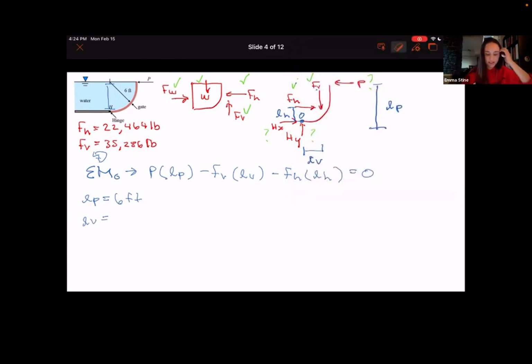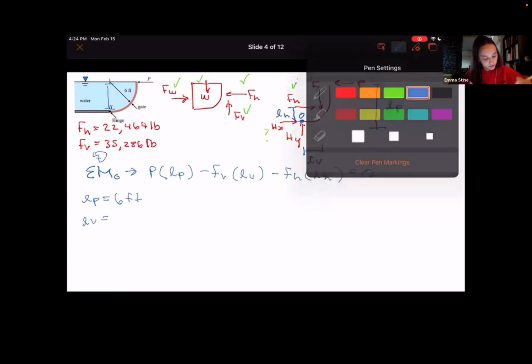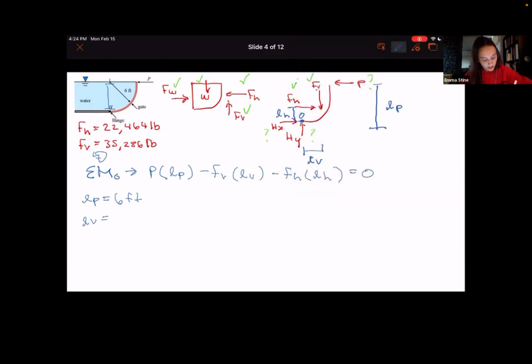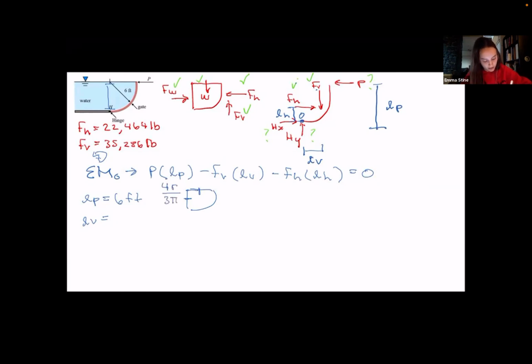You know where all your tools are, so you're going to Google centroid of a quarter circle. You're going to see that the centroid is at 4r over 3 pi, in this direction and this direction.